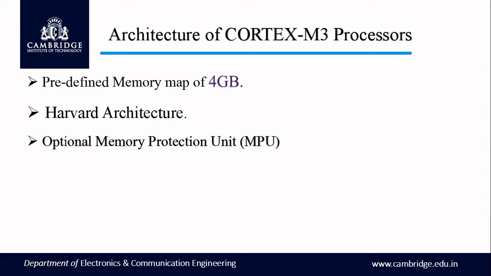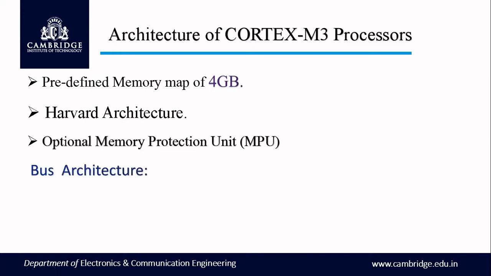However, the instruction and the data buses share the same 4 GB memory space. Cortex M3 processors can also have an optional memory protection unit, MPU, wherein we divide the memory into blocks and protect it from unauthorized users. That's about the memory.